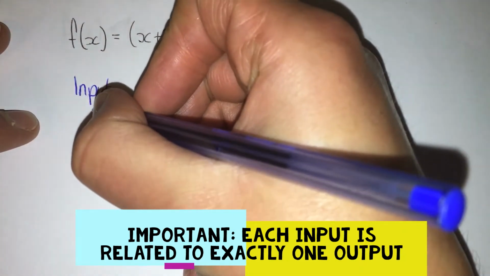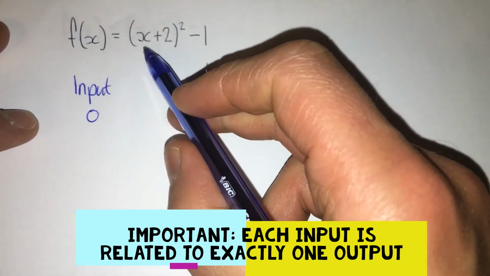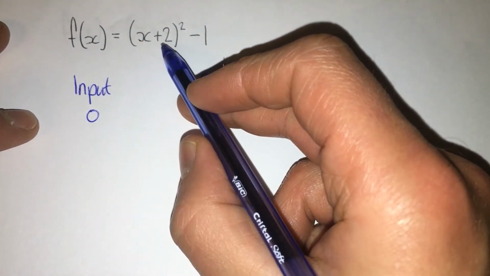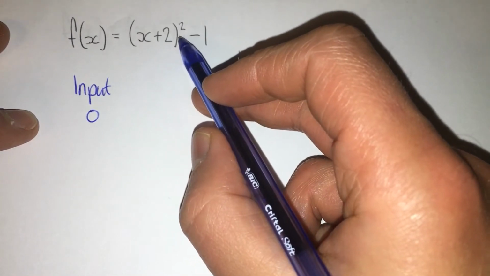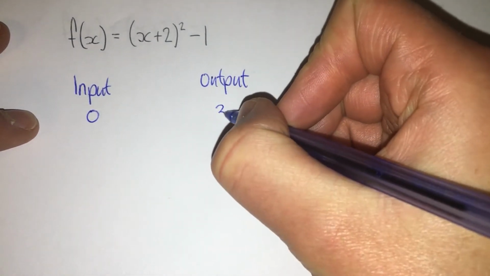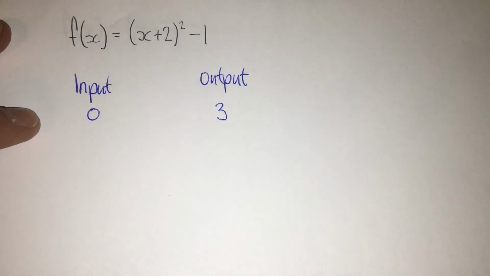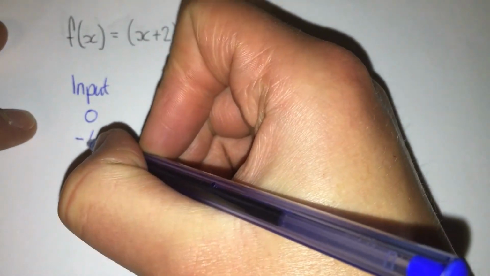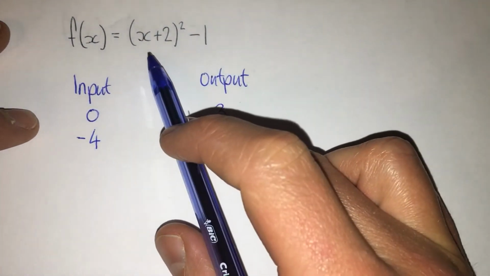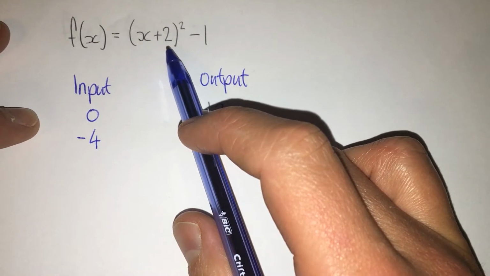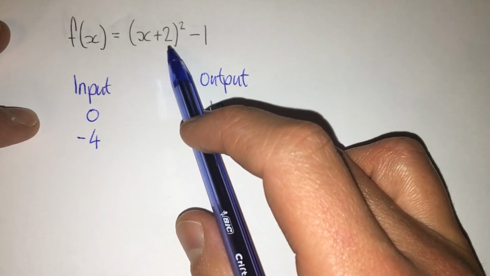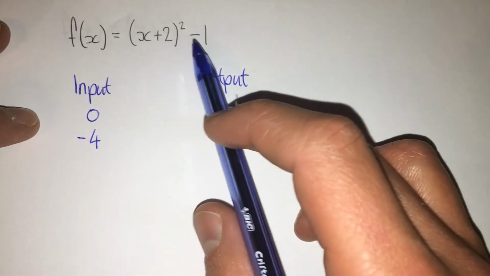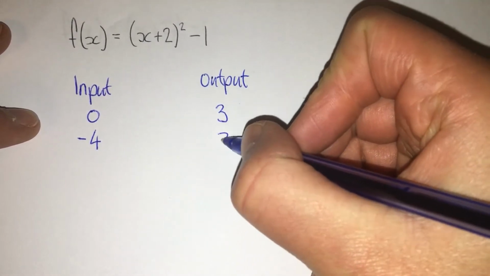For example, if 0 goes in, 0 plus 2 is 2, square it you get 4, take away 1, and 3 would be the output. If we put negative 4 in, then negative 4 plus 2 is negative 2, square it you get 4, take away 1 you get 3.